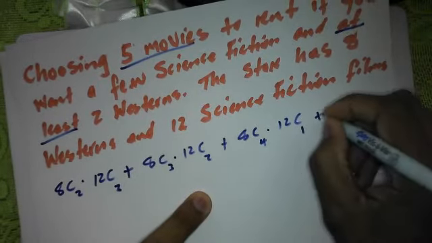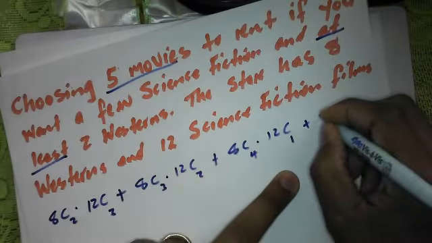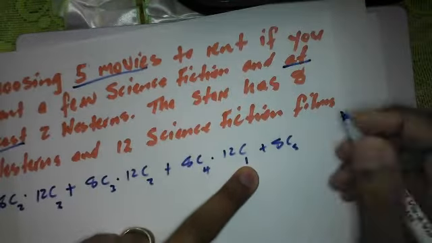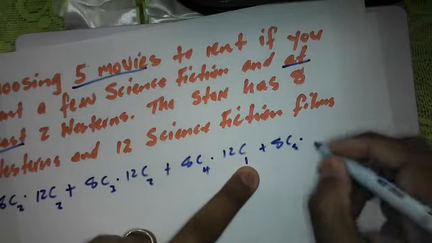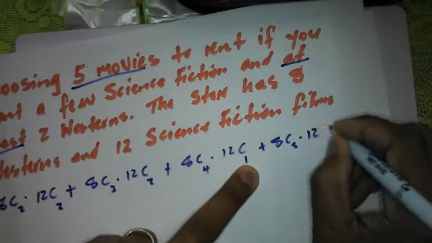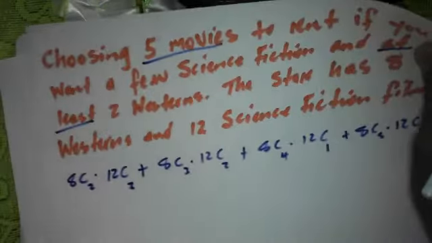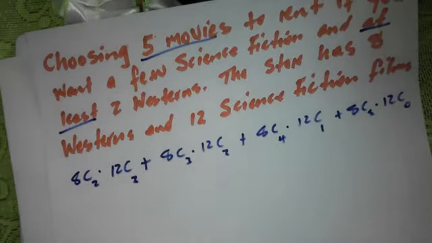Or finally, we have our 8 western, but we're choosing 5 from it. And if we choose 5, then we have our 12 science fiction and we're not choosing any. Okay? And this would be the possible ways. So let's work out what this is.